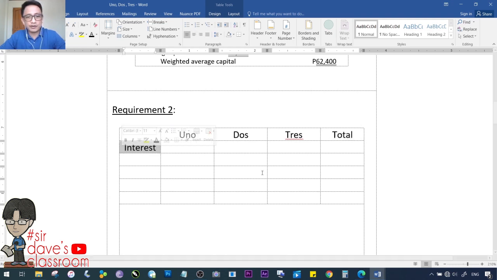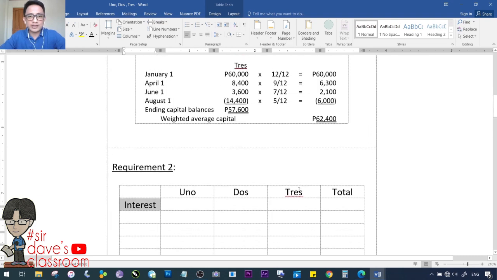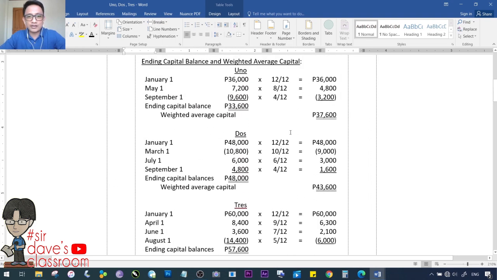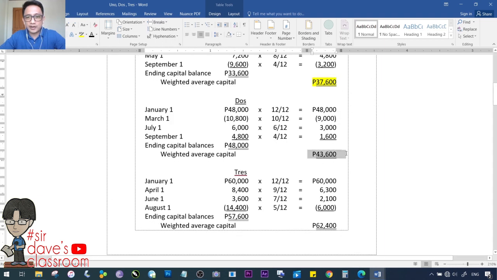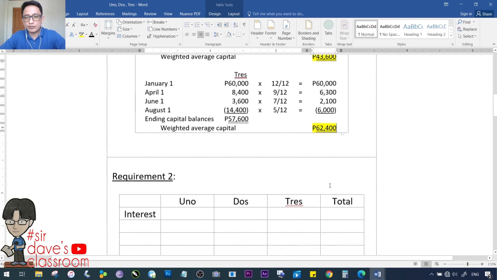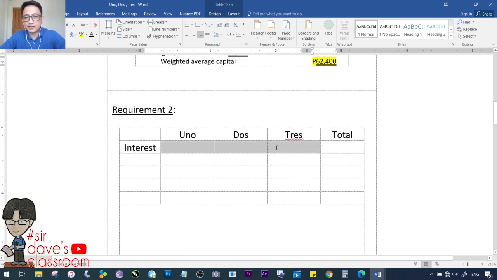Alright? Ang sabi for interest, ilan daw? 10% of weighted average capital balances. So ngayon, pwede na nating i-multiply ng 10% agad-agad kasi nagawa na natin siya in advance kanina class. Ito yung ating weighted average balances for 1, 2, and 3. So 37,600 10%, 43,600 10%, 62,400 10%. These are your 10% interests.